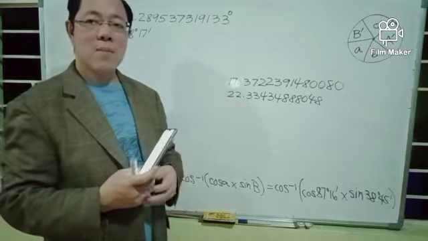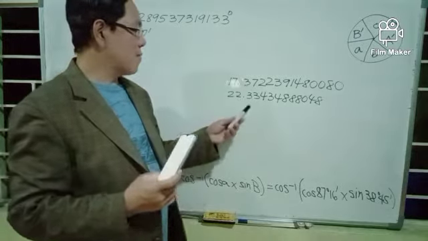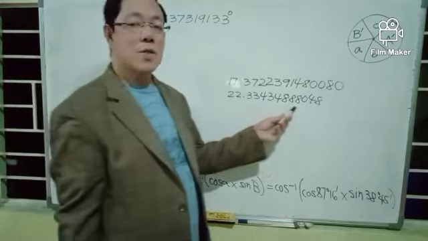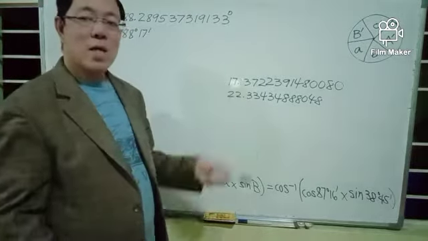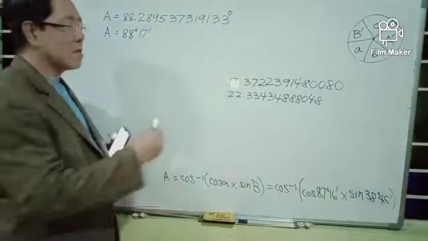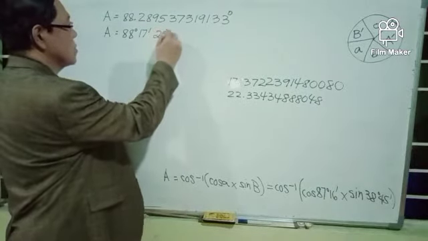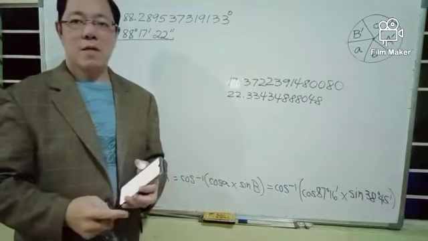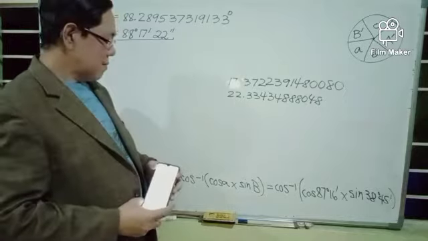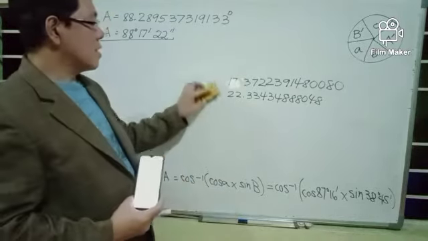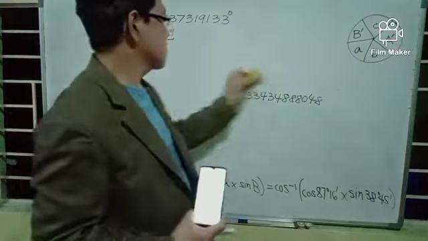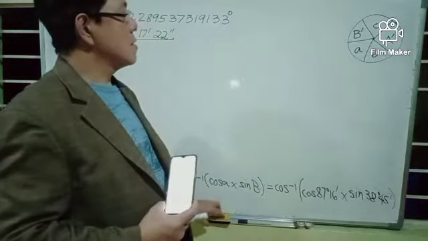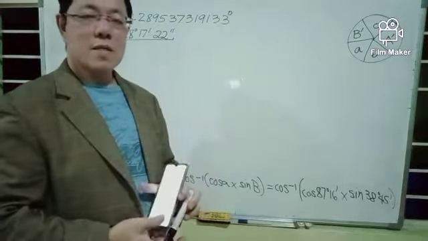But since the number to be rounded off, 3, is less than 5, we simply drop 3 and all the digits to its right, and we write 22 seconds, written 22 double prime. And that's the surface angle A. Next, we find, we start with small b.